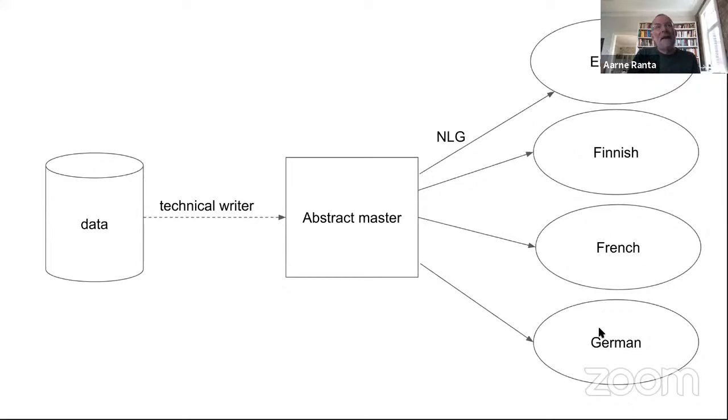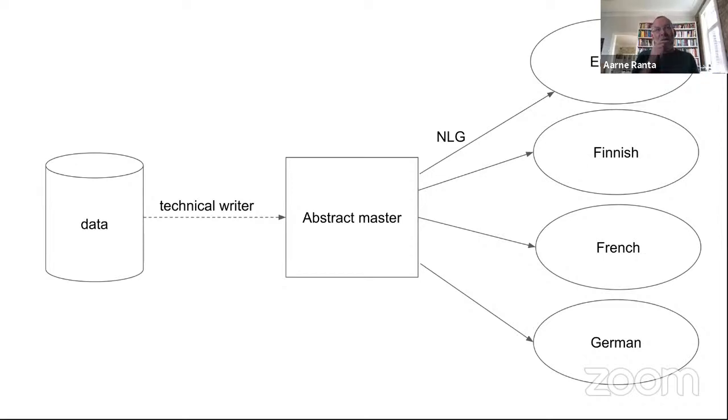And so this is similar to the traditional picture where the master document was written in English and then some other people were translating it. But here, of course, the other languages you get for free in this setup, and it can motivate spending a bit more time and care in producing the abstract master document, because you know that you will get the translations.